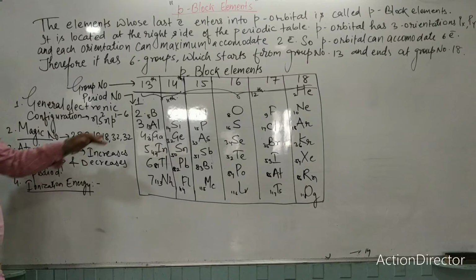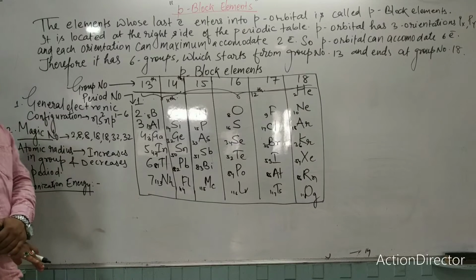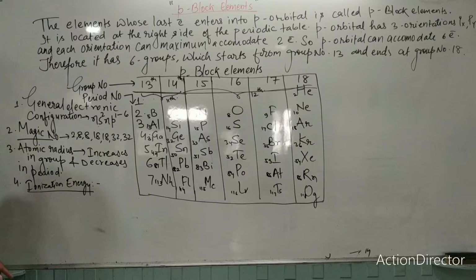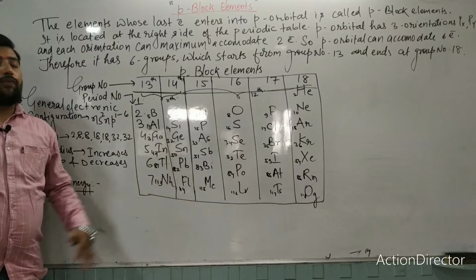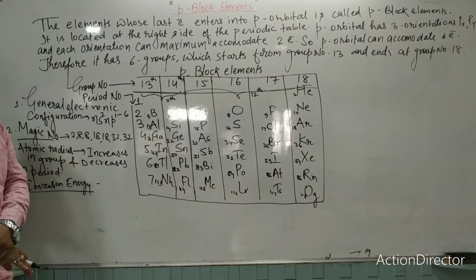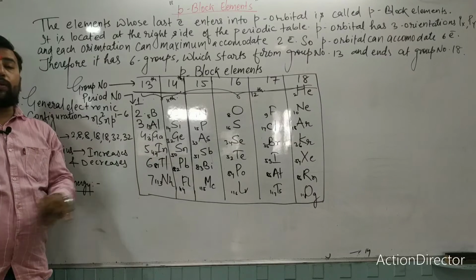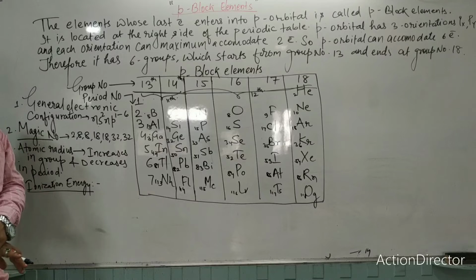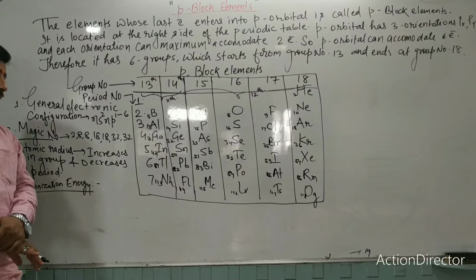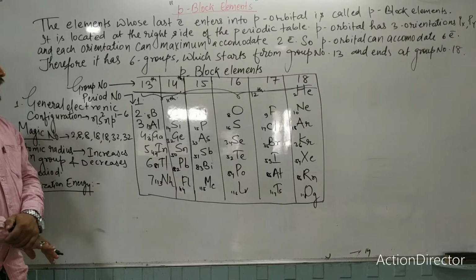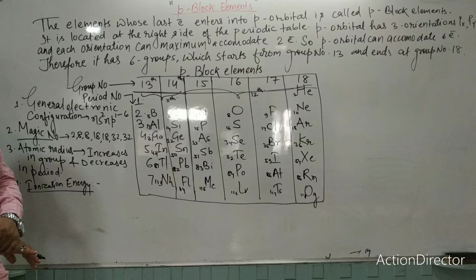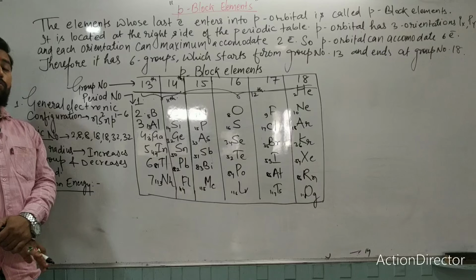If you remove electrons one by one from the orbits of p block elements, for boron you remove the last electron 2p1, then 2s2, then 2s1. As we remove each electron from its orbit, it requires more energy.